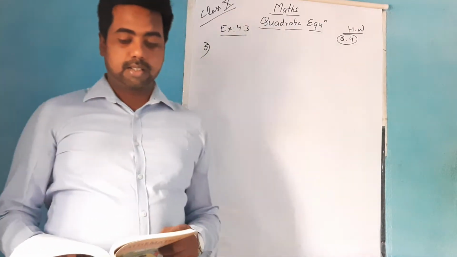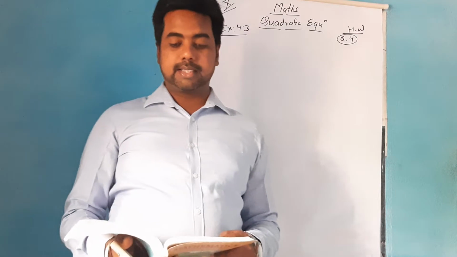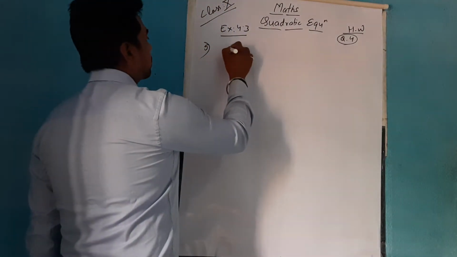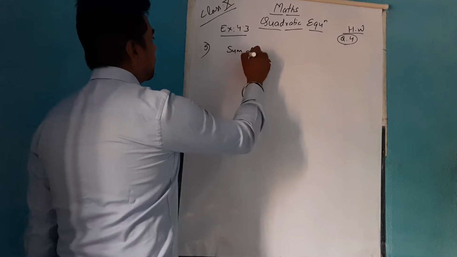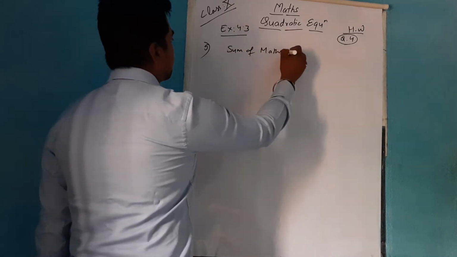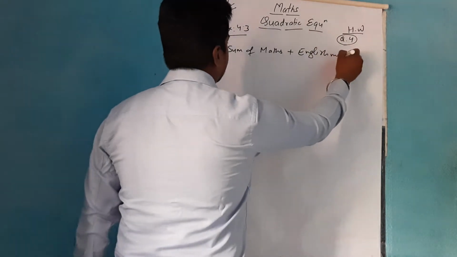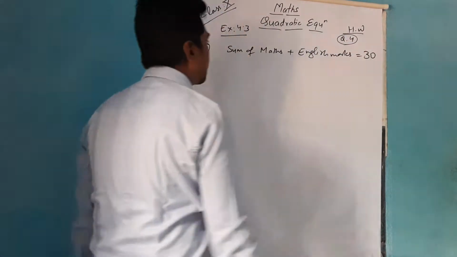In a class test, the sum of Shefali's marks in mathematics and English is 30. Sum of maths plus English marks is given as 30.